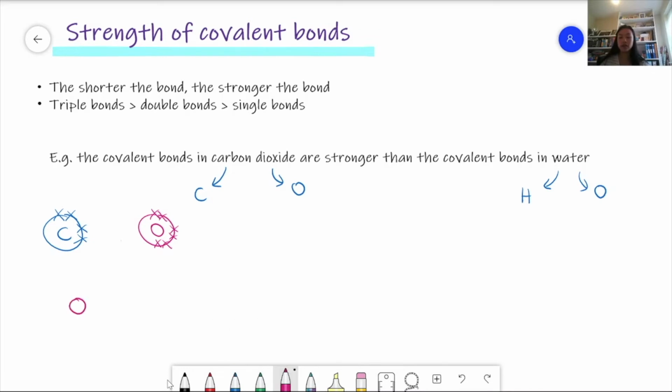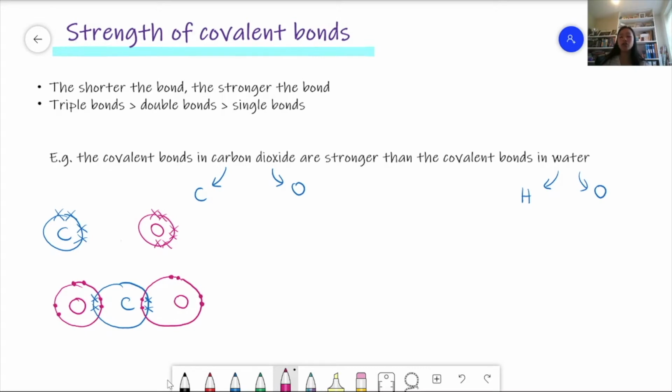So you'd have the oxygen, then the carbon, then the oxygen, and these are just the outer electron shells, so this doesn't include the inside shells. So we have 1, 2, 3, 4, and then the oxygens, 1, 2, 3, 4, 5, 6, and 1, 2, 3, 4, 5, 6. And that's how they're formed.